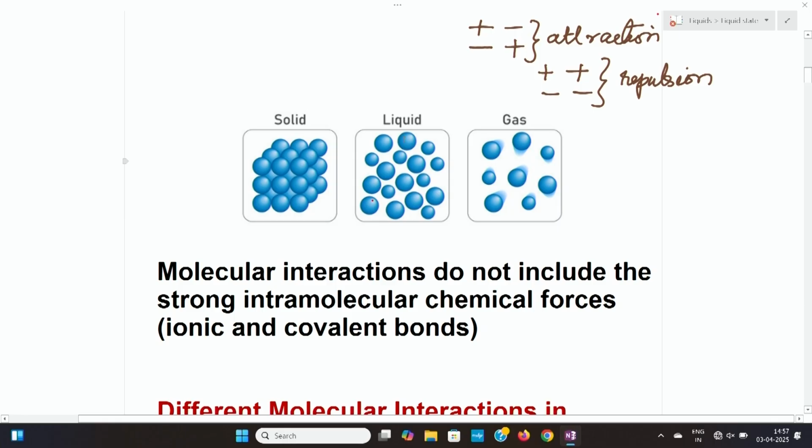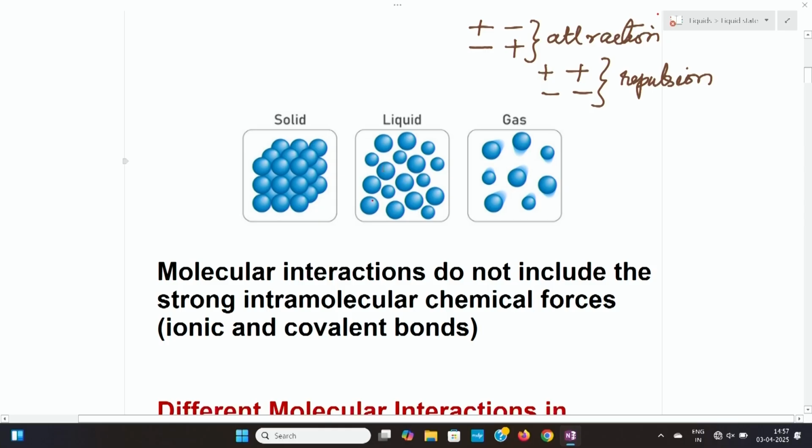As we saw in the introduction, in liquids there are some empty spaces between the molecules, and because of these empty spaces and the way the molecules are arranged, there are some interactions. These molecular interactions are not as strong as ionic and covalent bonds. We know that ionic and covalent bonds are very strong, and some molecules are held together by them.